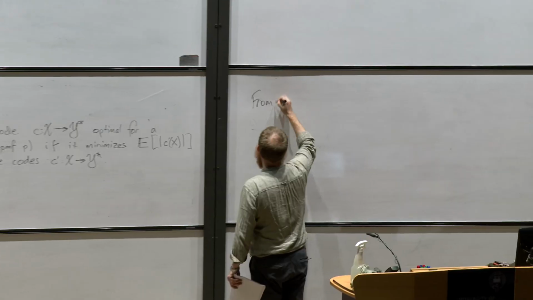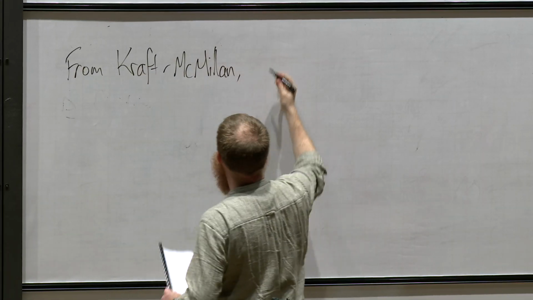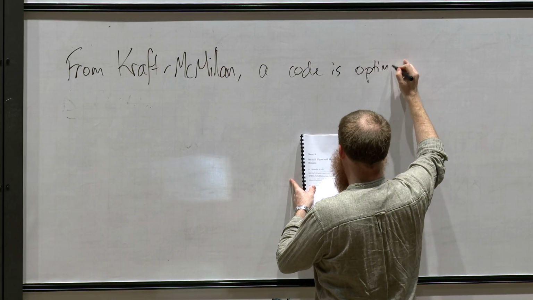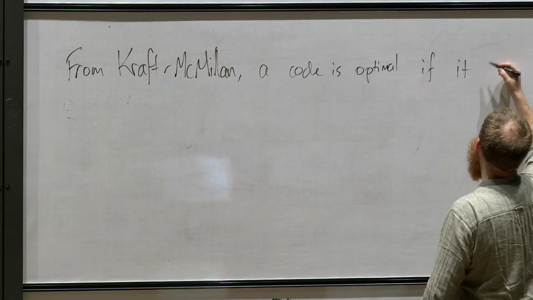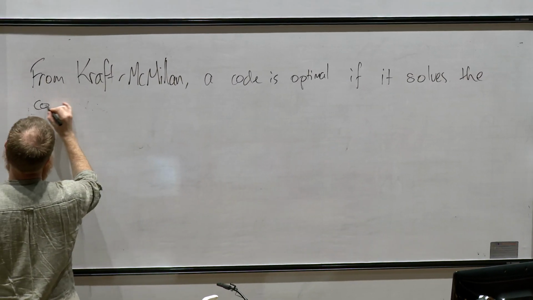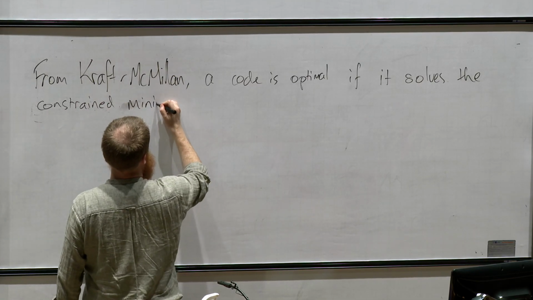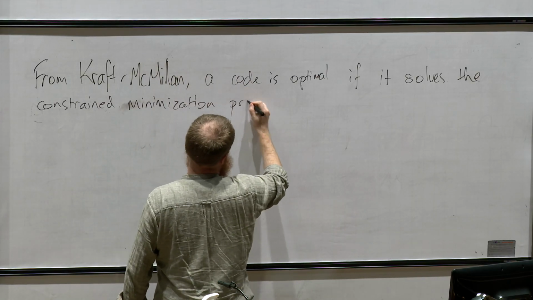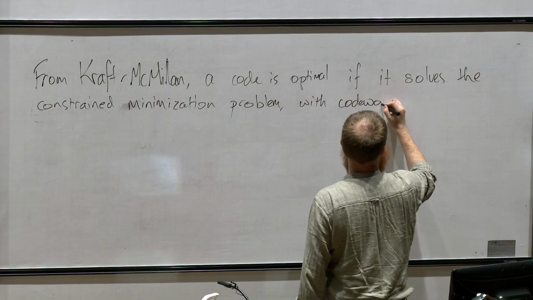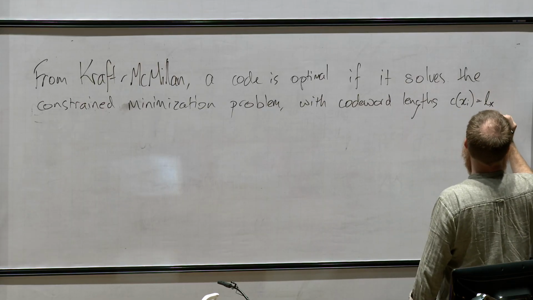So from Kraft-McMillan, a code is optimal if it solves the constraint minimization problem with code word lengths C(x_i) = L(x).